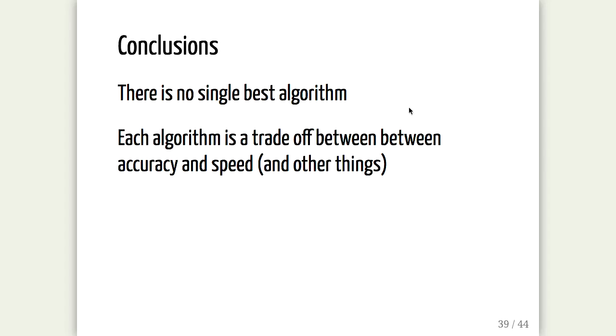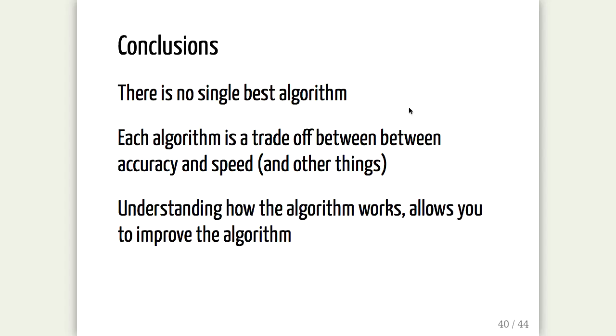A good way is that you may find a hybrid of two algorithms. Use one algorithm that gives you a wide range. Let's say you've got 1 million names. You may use something like Soundex to narrow that range down to 1,000 or 100, and then use Levenshtein on that smaller set. So always there's a trade-off. And then understanding how the algorithm works allows you to improve the algorithm.